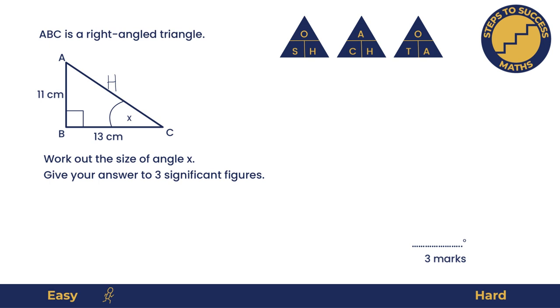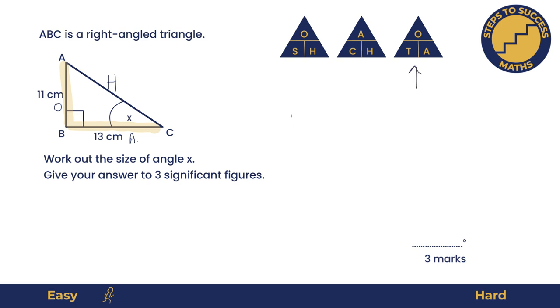We're looking for angle X, and the one opposite angle X is the opposite. And the one next to angle X is adjacent. So we have got O and A. So the triangle with O and A is this one with the T in it, tan.